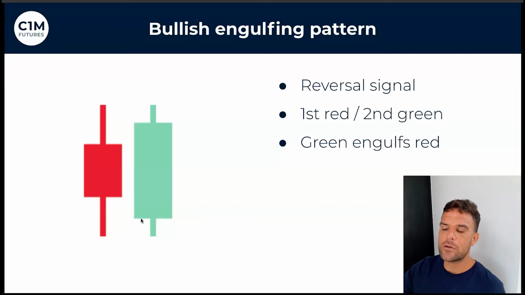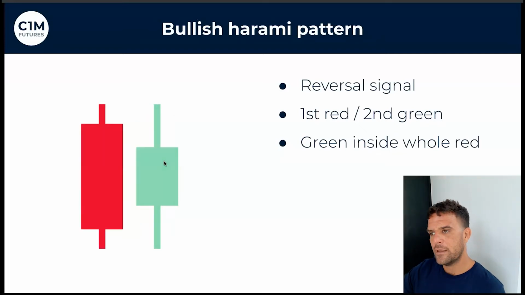However, in this candle time length, it's closed above the previous opening price, which shows a real nice change of direction. It is a good reversal signal. As I said, the first one red, second one green, and the green completely engulfs the red, hence the name bullish engulfing.